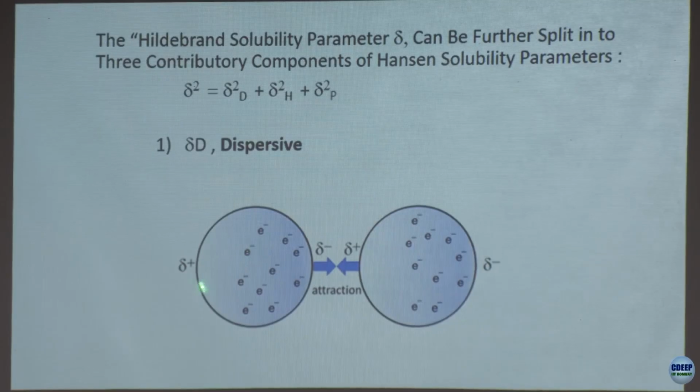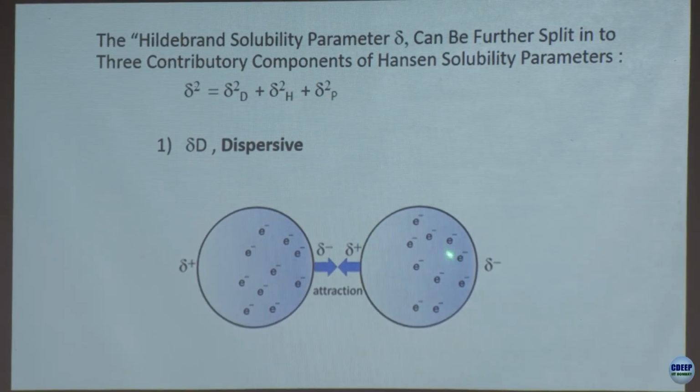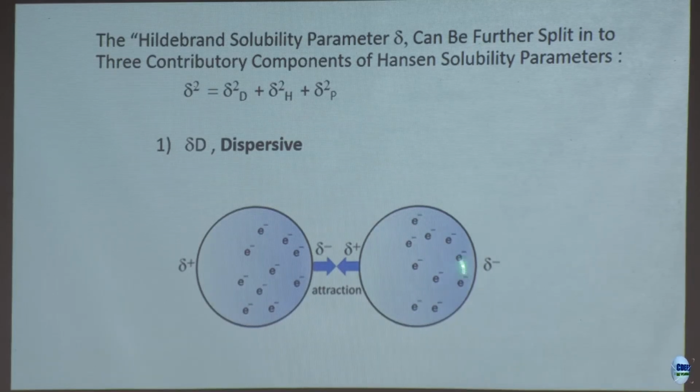Now once this undergoes a fluctuation here, there is a dipole which is instantaneously created here. Now once this dipole is created, it induces a dipole on the neighborhood. So the motivation may be one molecule because of its thermal fluctuation, but that results into the induced dipole being formed on the molecules in the neighborhood. Now they start attracting each other. Fine.